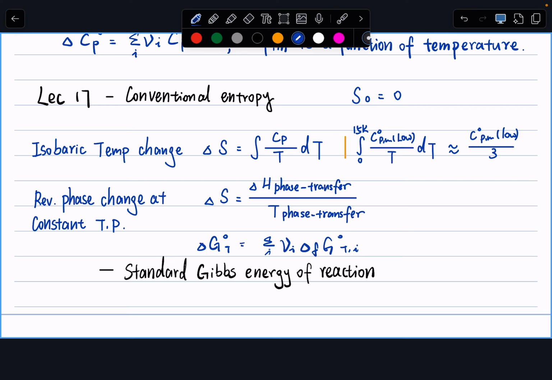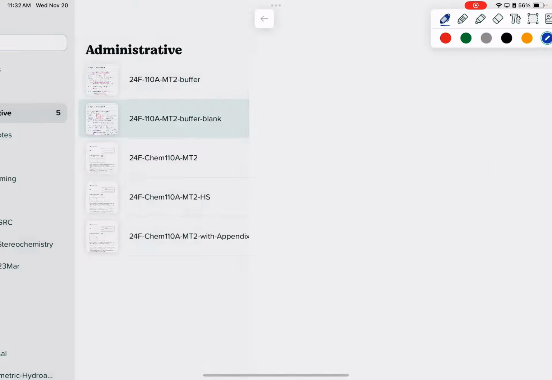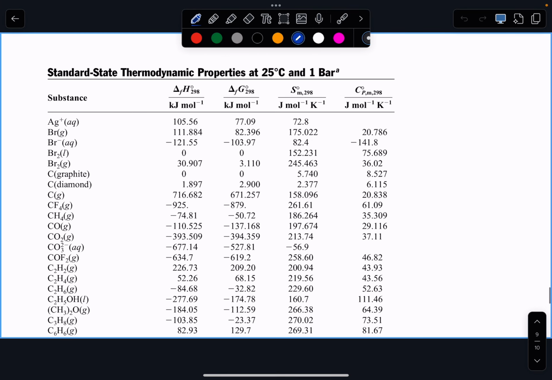For these two parts, the most likely point people make a mistake is on the conventional entropy part. So if we go back to the appendix table, and I'm just going to highlight one of the reference species like carbon graphite. Note that your standard enthalpy of formation of carbon graphite and also your standard Gibbs free energy of formation of your graphite at 298 Kelvin standard state is 0, but your conventional entropy of your graphite at 298 Kelvin is non-zero.